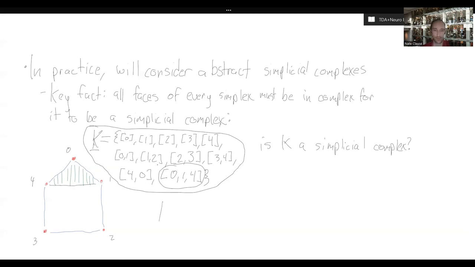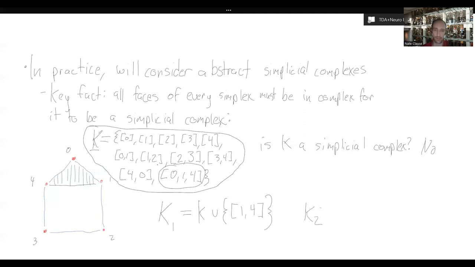So in particular, this K is not a simplicial complex, but if we let K1 be K union, it's missing necessary 1 simplex, so K union 1 4, then K1 is a simplicial complex.